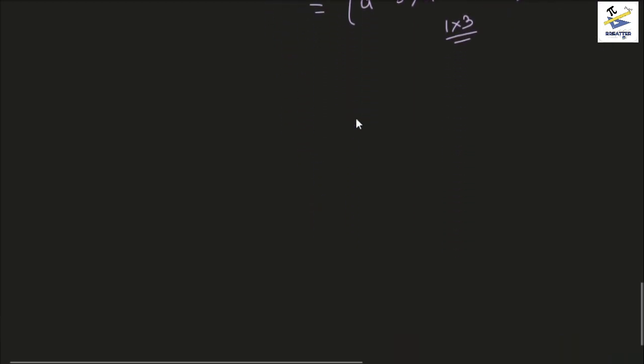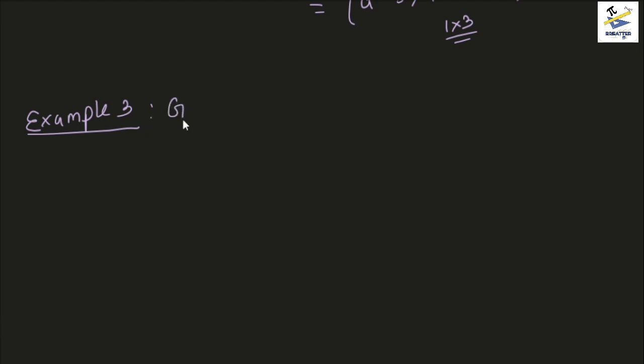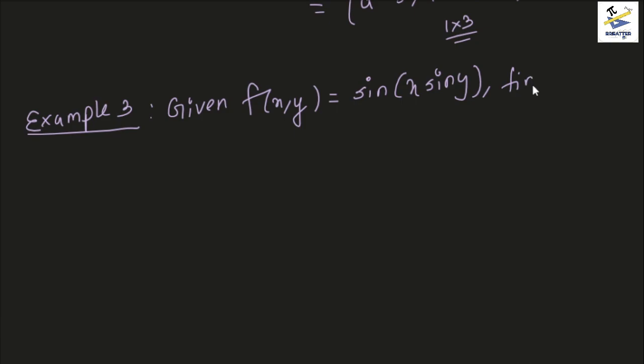Okay, let us do another one. So example 3: given f of (x, y) equals sine of x into sine y, find df at the point (a, b).